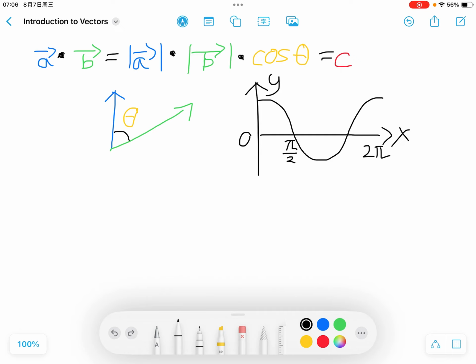At this point, the angles between pi over 2 and 0, so acute angles, all have a cosine of positive values. Now that does make sense, because although if we pull this object in different directions the effect is not the maximum, there is still some effect.